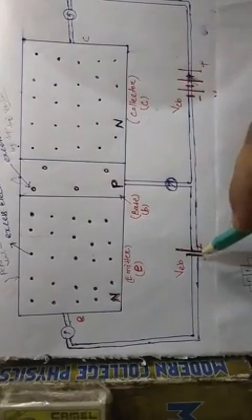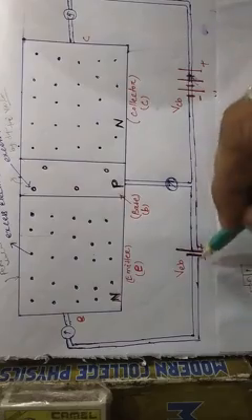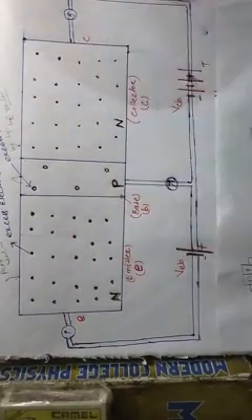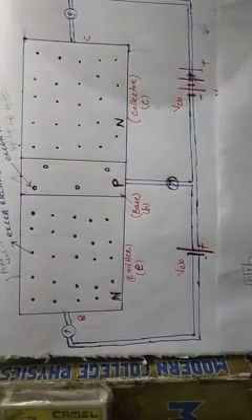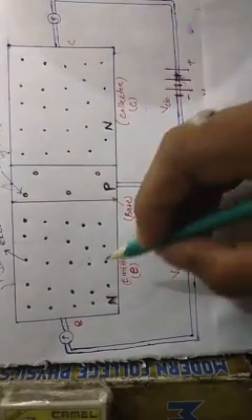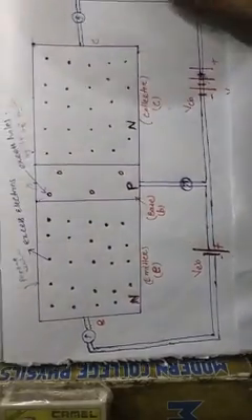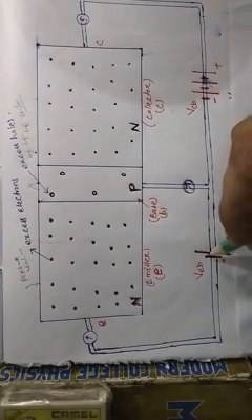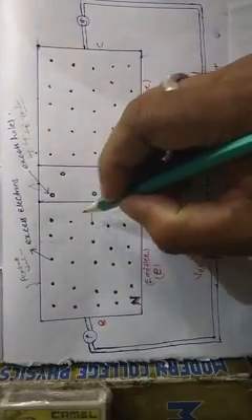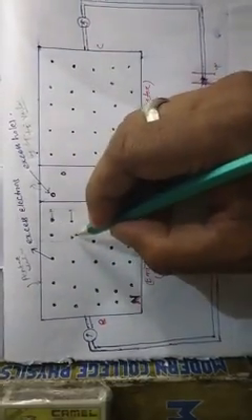The negative terminal of the battery is connected to the N side and the positive terminal to the P side. Now what will happen? Watch carefully. Due to this negative potential, electrons will be repelled in this direction.